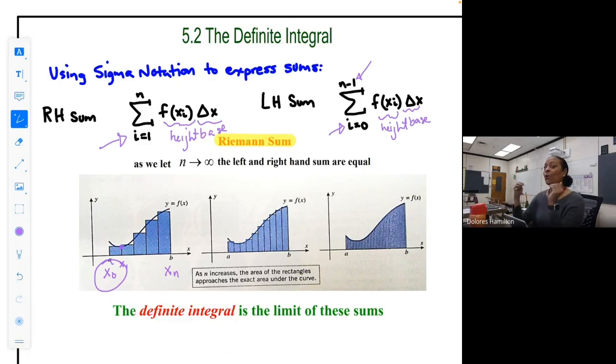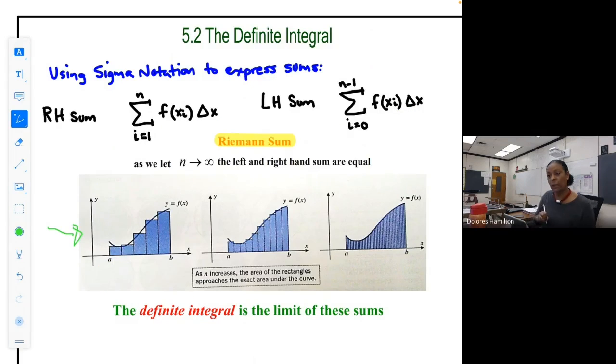But now the question becomes, if we look at the first Riemann sum approximation, that looks like a pretty decent approximation. But what happens when we increase the number of rectangles? I'm hoping that you see, well, that's an even better approximation.